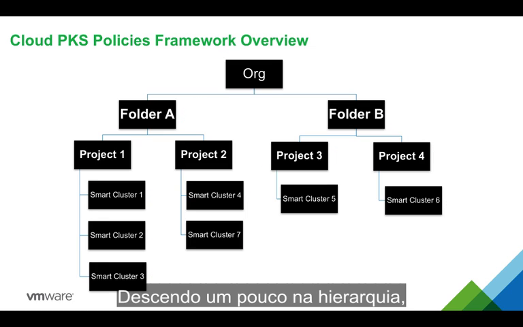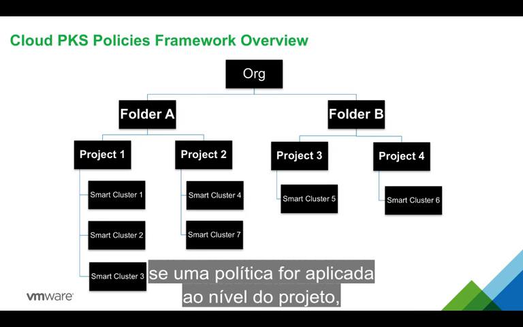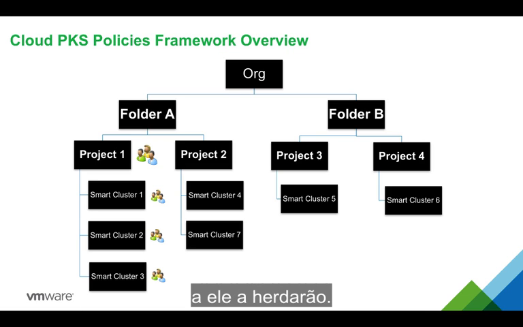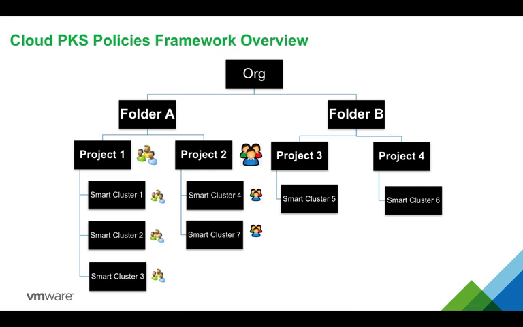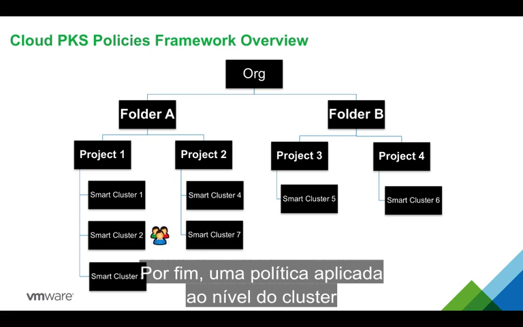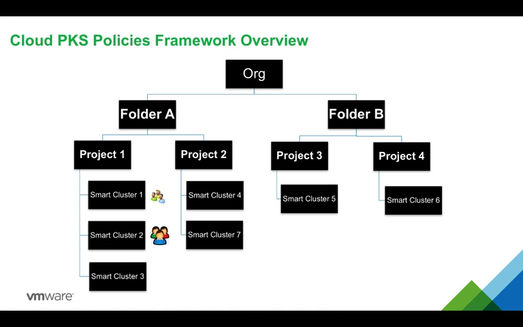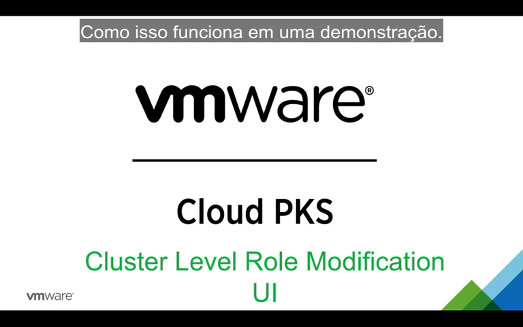Going a bit lower in the hierarchy, if a policy is applied at the project level, then all clusters belonging to the project will inherit the policy. And finally, policy applied at the cluster level applies only to the specific cluster. Let's look at how this works in a live demo.